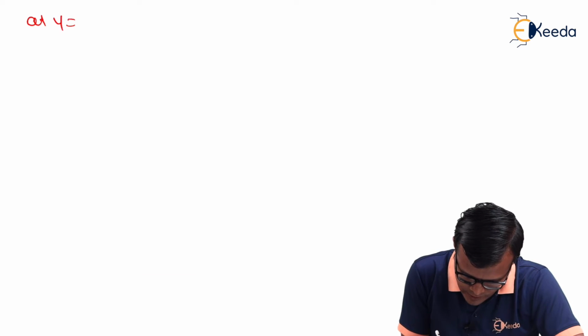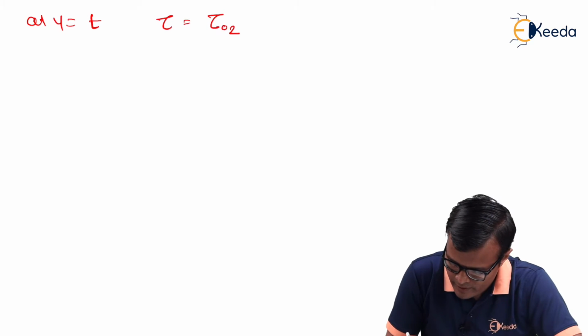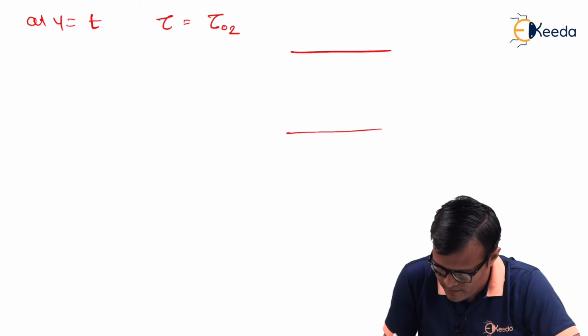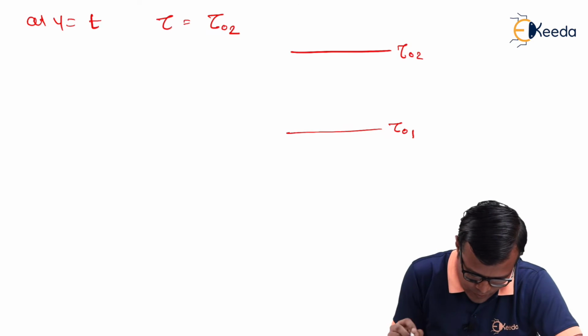Further, by using another condition, we can find at y equal to t, tau is equal to tau naught 2, the second point. These are the 2 points: this is tau naught 1 and this is tau naught 2.